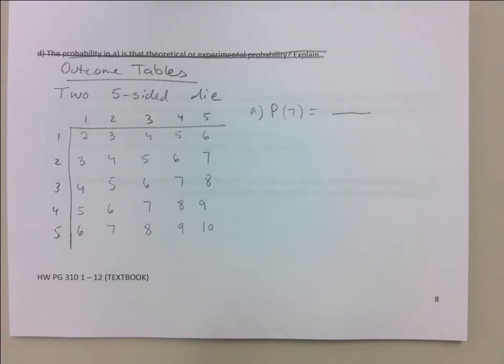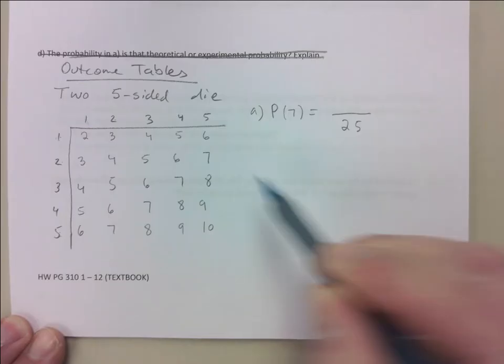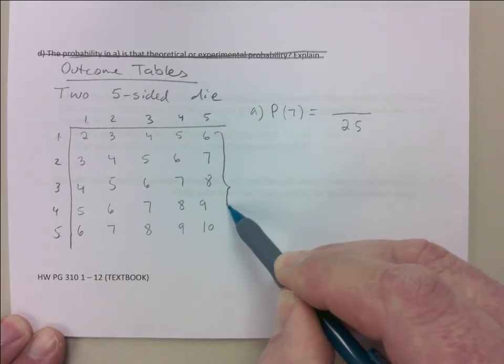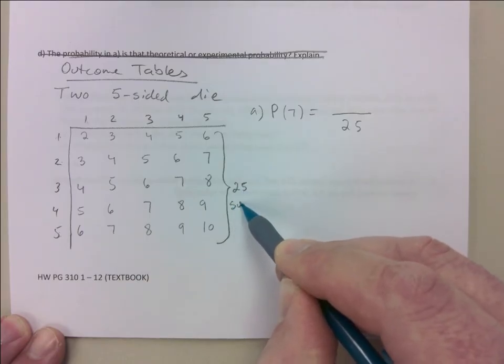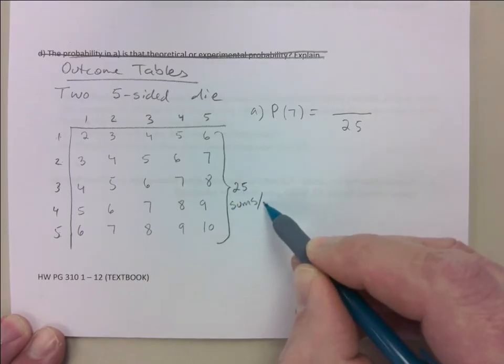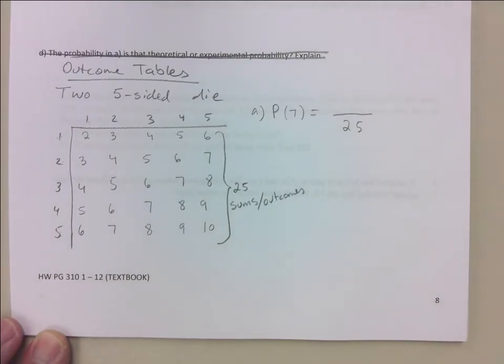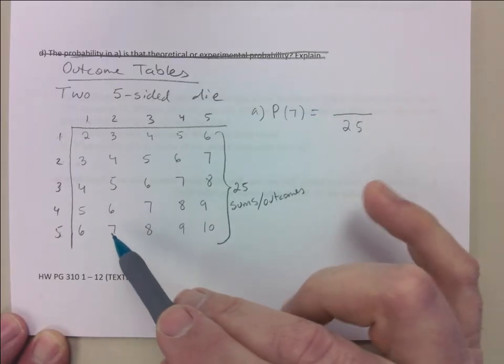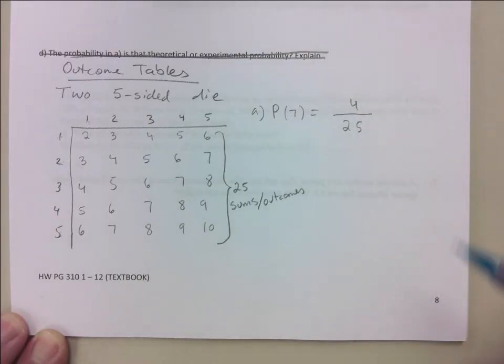You would say, oh, 2 5-sided die, 5 times 5. So same here, 5 times 5, 25 total options. So there are 25 sums or outcomes. So how many 7s do I have? 1, 2, 3, 4. There you go.